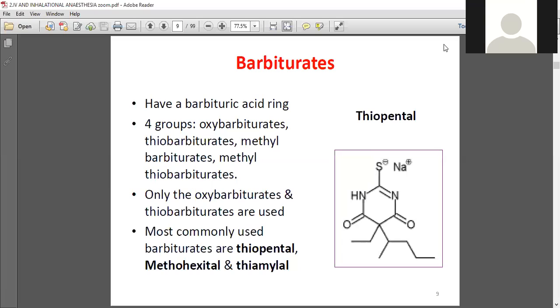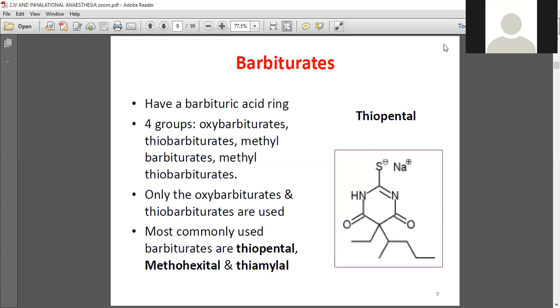I've forgotten. I think it's an amine or an amide, right? An NH, you're supposed to have 2 of those, one N and an H. So it doesn't matter how the shape is, as long as you have those 3 oxygen atoms plus 2 NH groups. That's how the ring looks for barbiturates.